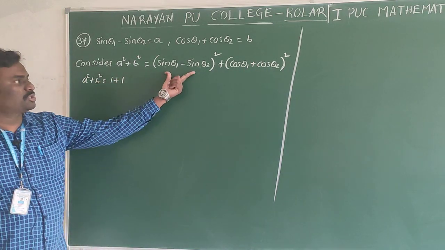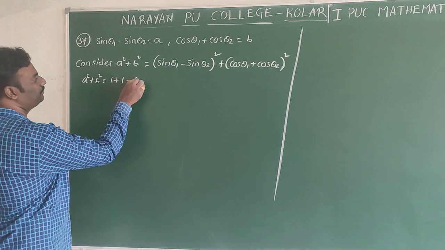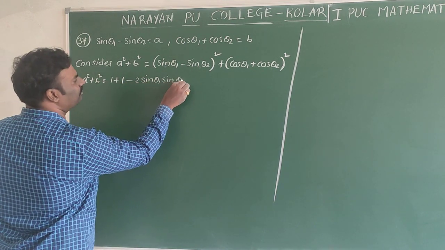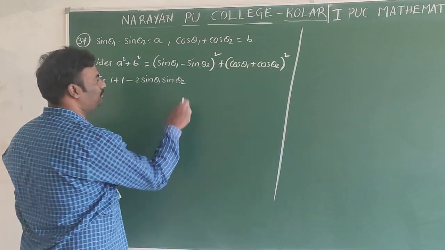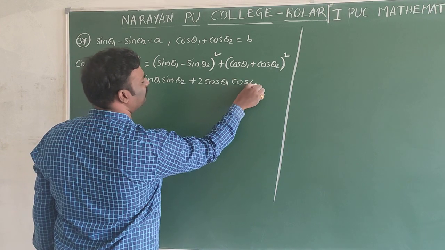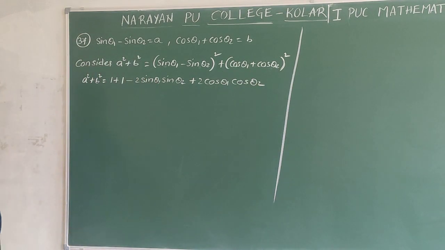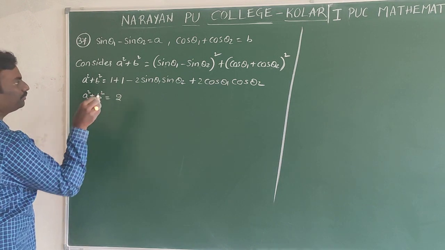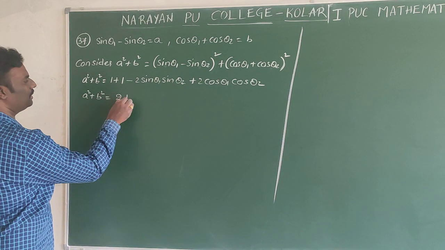Now here minus 2ab will come, here plus 2ab will come. Now A square plus B square equals 2, in this you take 2 common.